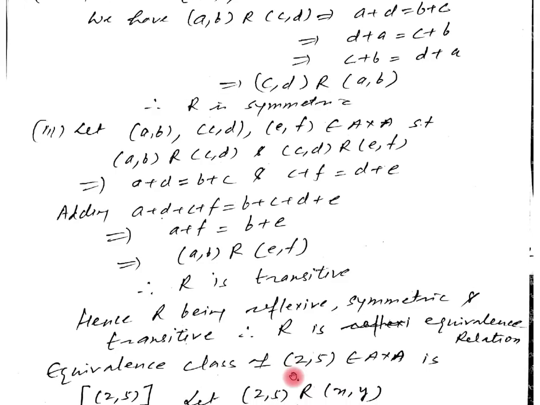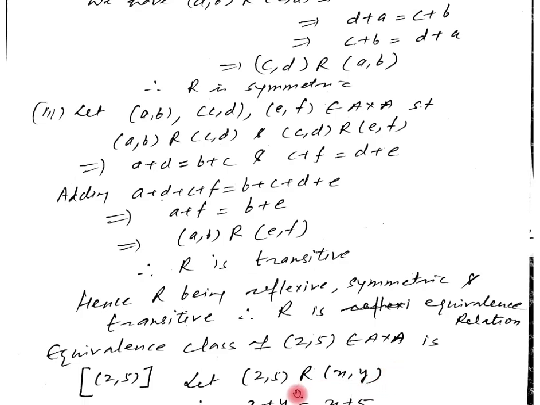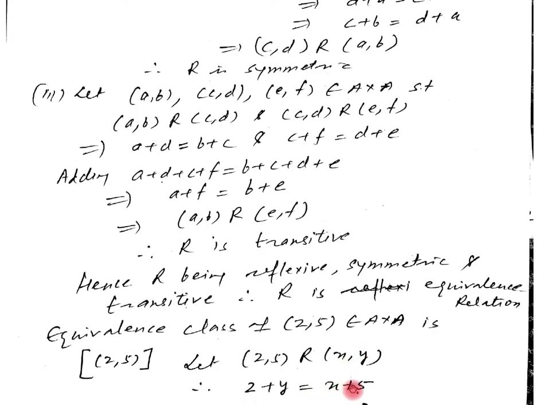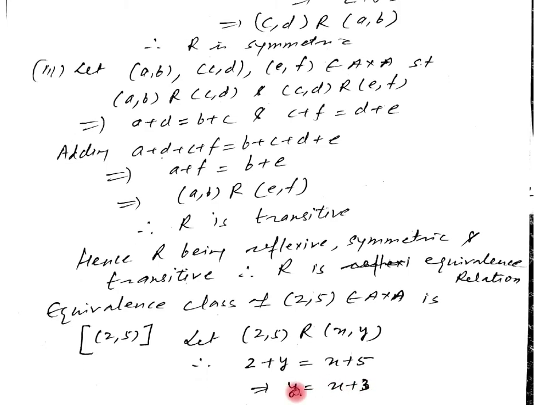Now here the equivalence class of (2, 5) belonging to A cross A, we have to tell. We have to tell the elements to which this element is related in A cross A. Now let the element (2, 5) be related with (x, y). It means we have to find out the values of x and y. Now (2, 5) is related to (x, y), so we can write 2 plus y equal to x plus 5. Now here y can be written as x plus 3.